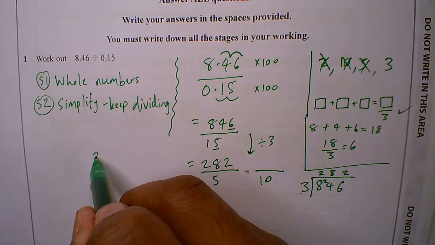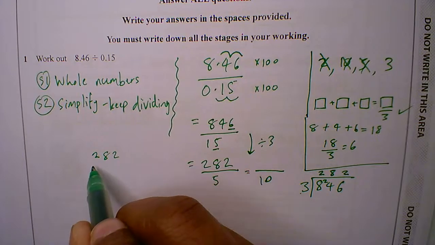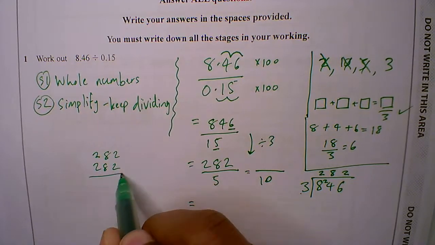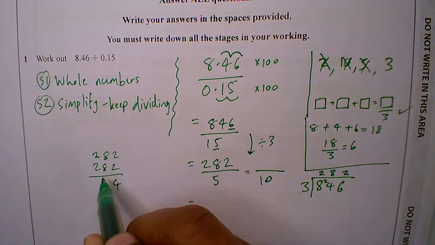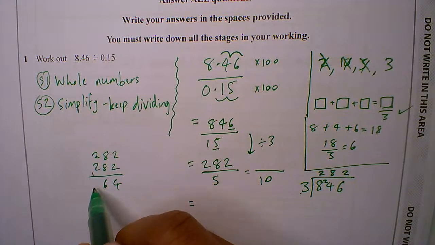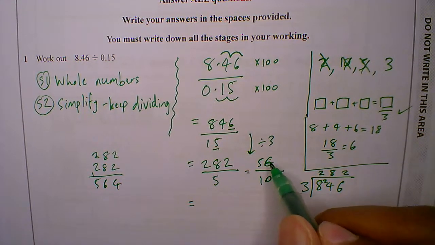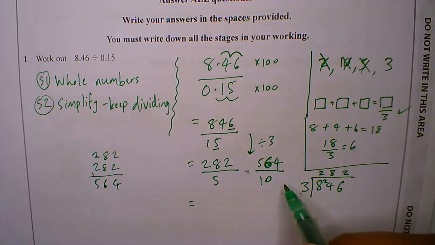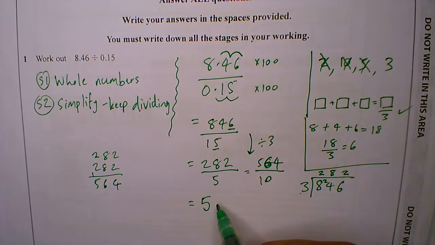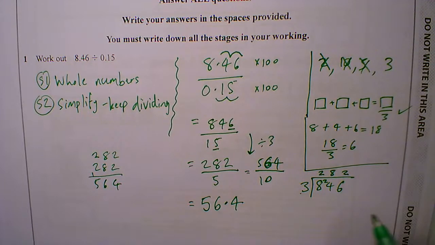So I've got 282 twice. 2 plus 2 gives me 4. 8 plus 8 is 16. Carry the 1. That's 5. So this gives me 564. And so 564 divided by 10 is nice. 1 place value here. And so my final answer becomes 56.4.